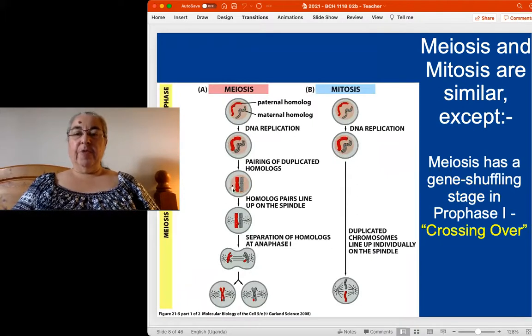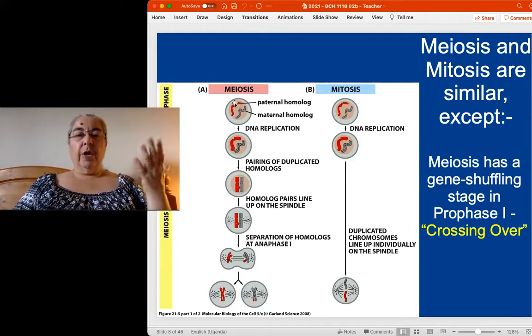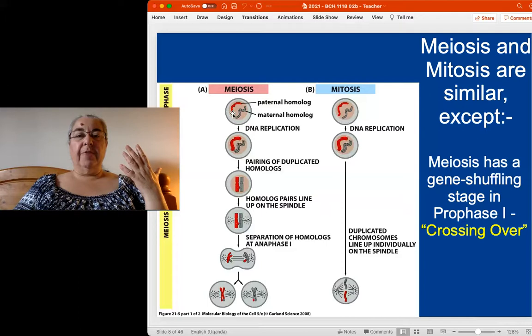Okay, so during prophase 1, the pairs of homologous chromosomes pair up and lie side by side. So make sure that you understand what's meant by homologous chromosomes. Each of our parents passes on 1 copy of a chromosome, and these chromosomes from the father, the paternal homologue, and from the mother, the maternal homologue, are similar.